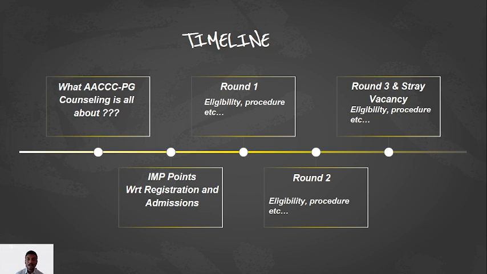Next, we'll take up each of the rounds and how the round takes place right from the eligibility, how the seat allotment takes place, where free exit is allowed and where exit with fee deduction is allowed. We'll see this with respect to each of the rounds, round 1, round 2, round 3 and the stray vacancy round. This will be the series of lectures we will see.